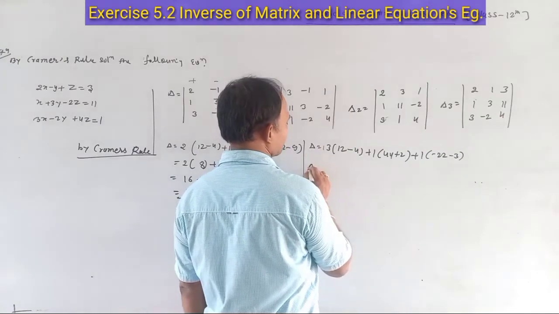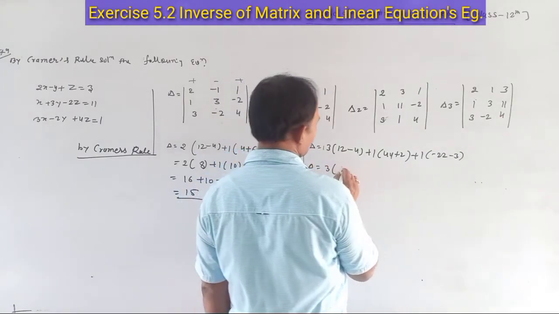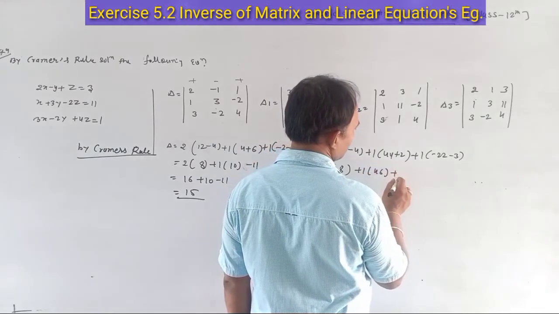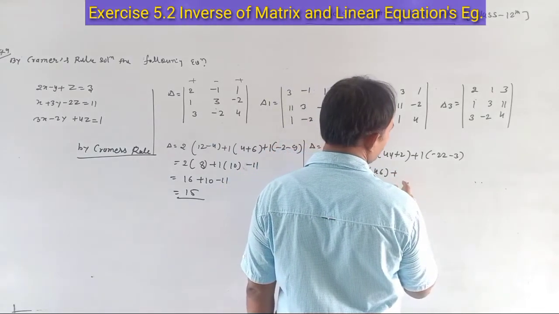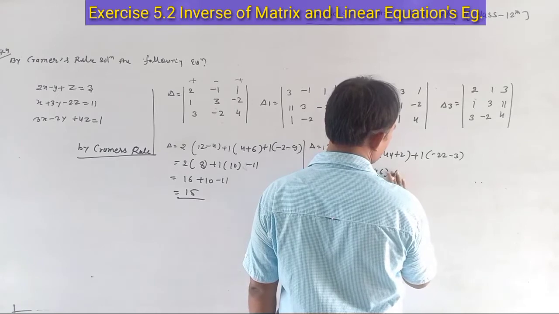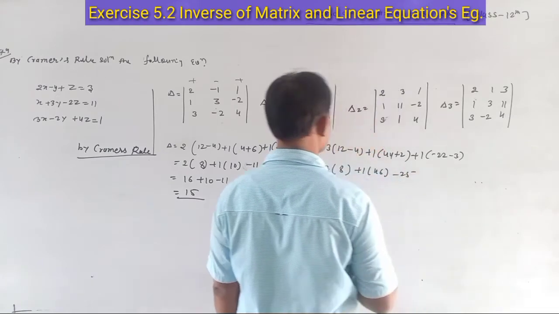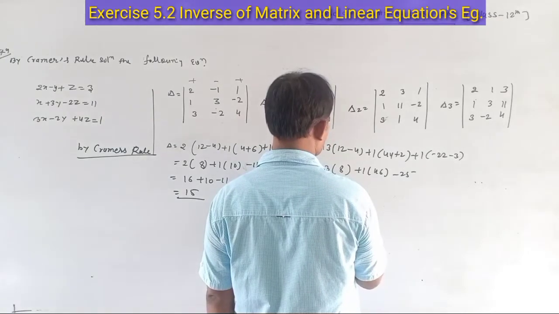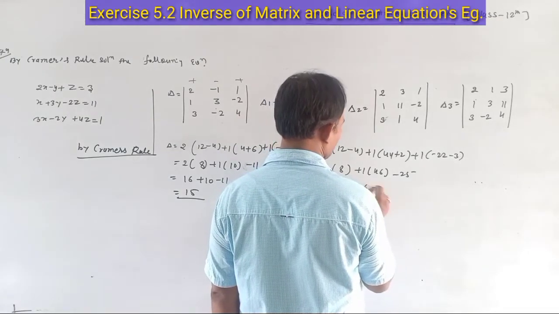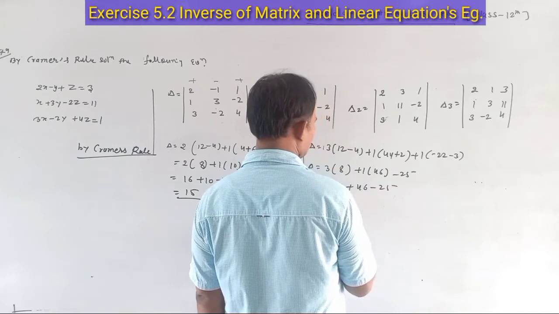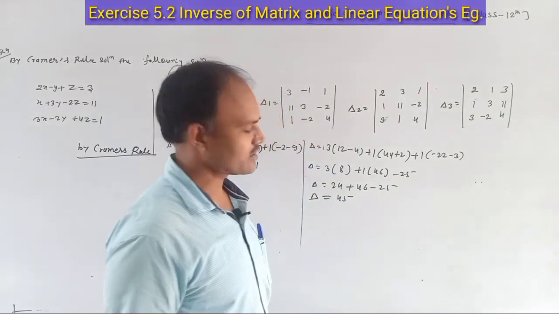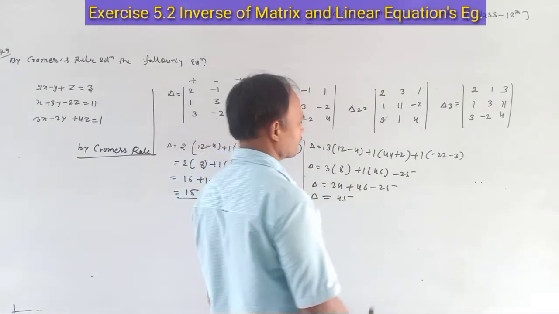So delta 1 equal 24 plus 46 minus 25, which is 45. Okay students, delta 1 is 45.